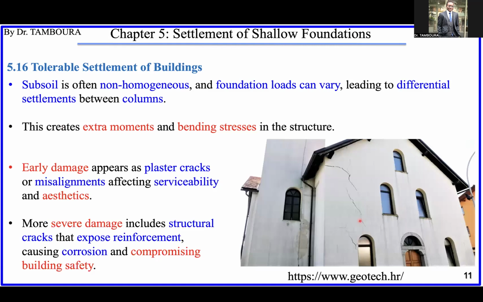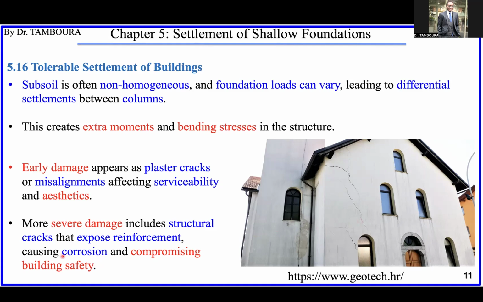Okay, and you will have later even more severe damage, including some structural cracks. Okay, like the beams start to crack. Okay, and some reinforcement, the steel inside, the steel reinforcement also starts to be corroded, corrosion starting to attack the reinforcement.